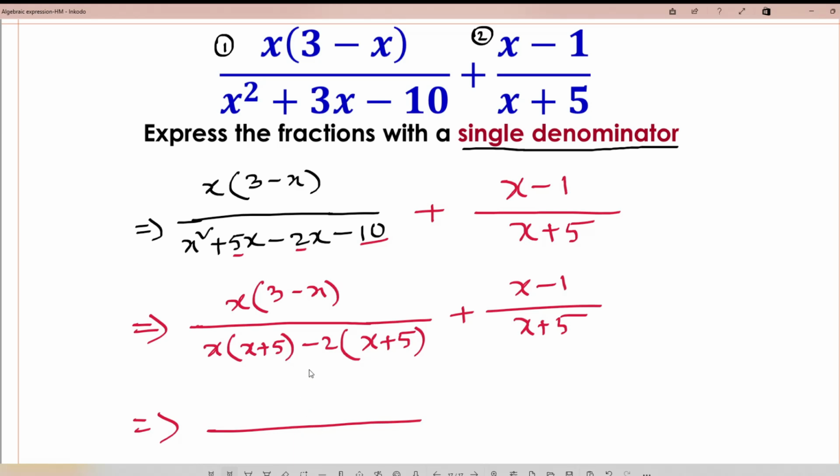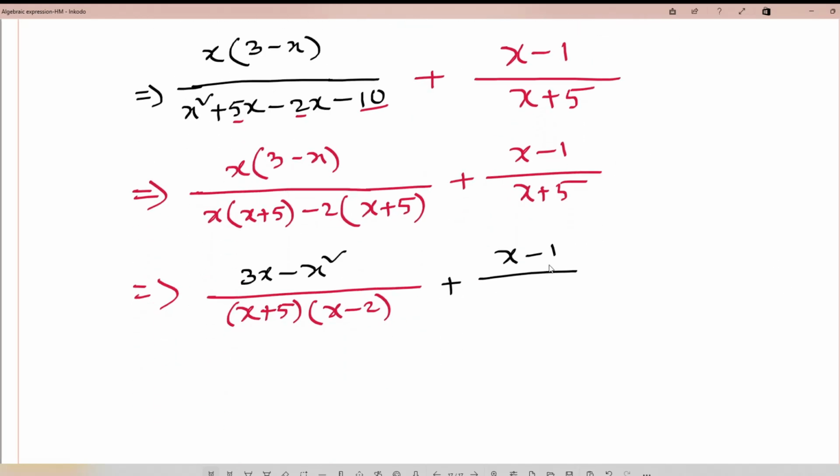Now look, here is (x plus 5) into (x minus 2), and this one now we can write as 3x minus x square, and here is (x minus 1) divided by (x plus 5).